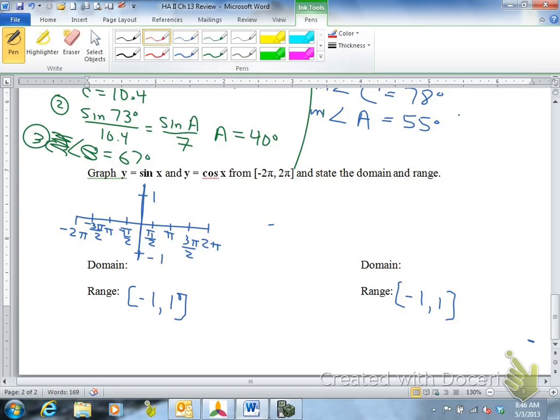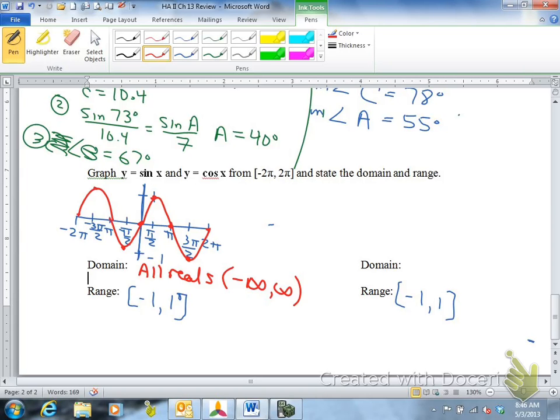And the sine looks like this. Remember, draw U's to make it look nice. So that's sine. The domain is all reals. You could also say negative infinity to positive infinity.